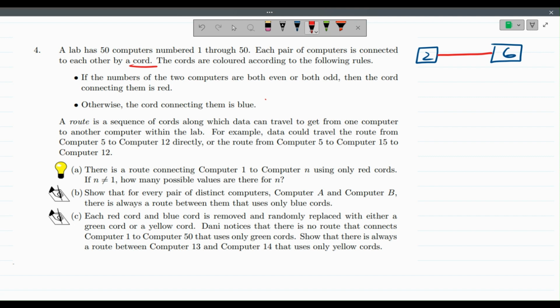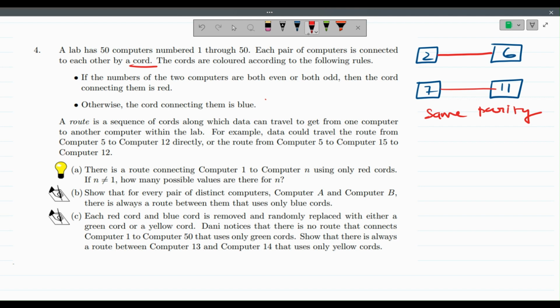Or if both are odd, let's say computer number 7 is connected to computer number 11, because both are odd, they will be connected through a red cord. So we can say if they are of same parity, then they will be connected through a red cord.